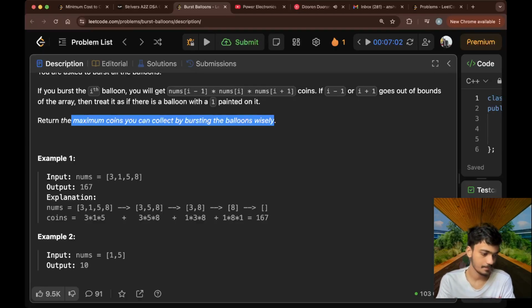Now let us burst at any point. We can burst at any point, obviously. Let's say we burst at 1.